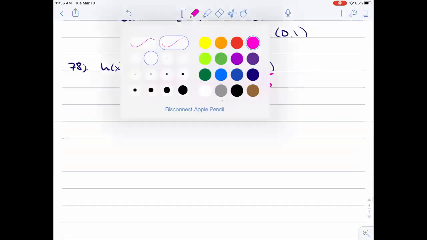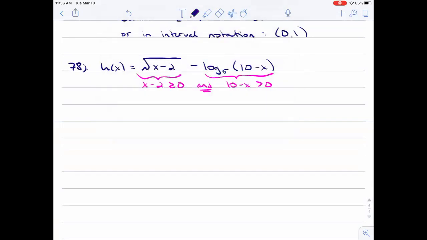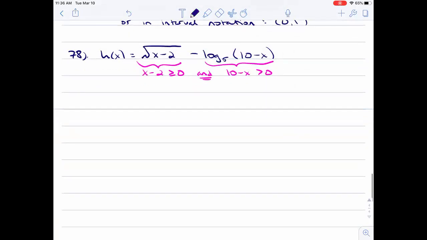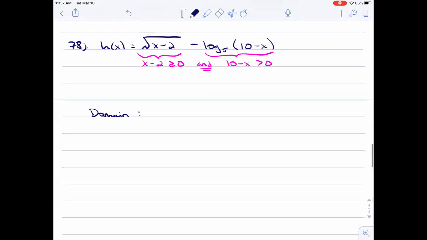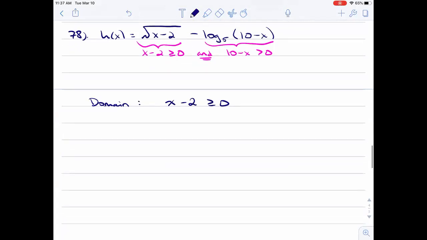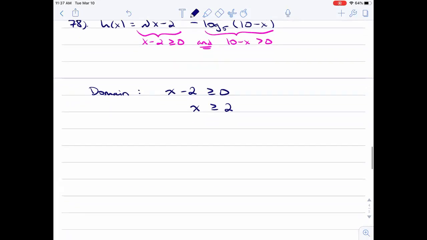And so for our domain, put it down here, we said that x minus 2 has to be greater than or equal to 0, which means x has to be greater than or equal to 2. And you can just do some check-in points, right? 3 minus 2 is 1, so that's positive, so that's all good.